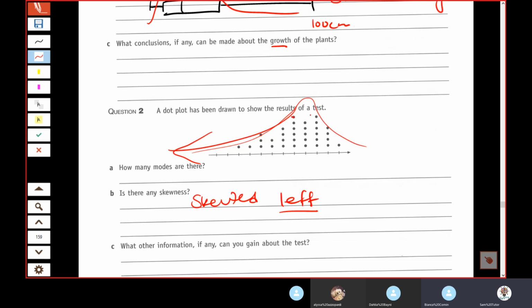How many modes are there? 1, 2, so 2 modes. In other words, it's called bimodal. Doesn't mean anything, to be honest with you. It's just something fancy they like to put in for the syllabus. Bimodal doesn't mean anything. Kind of useless, to be honest with you.